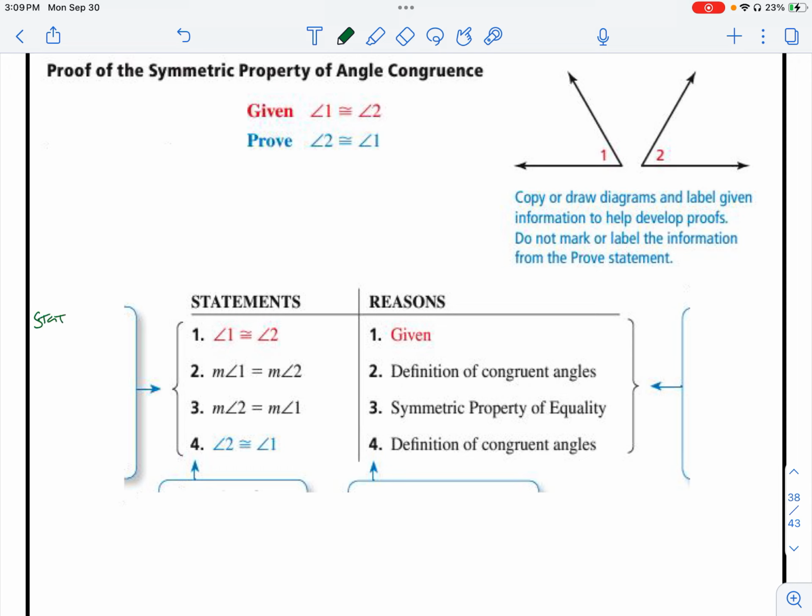Our statements are based on facts that we know, given statements, or on conclusions from deductive reasoning.